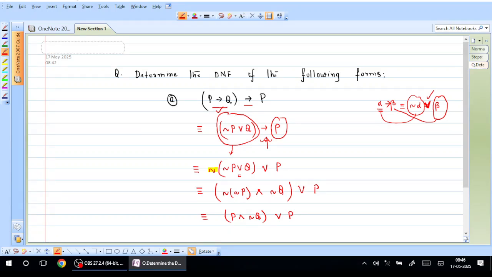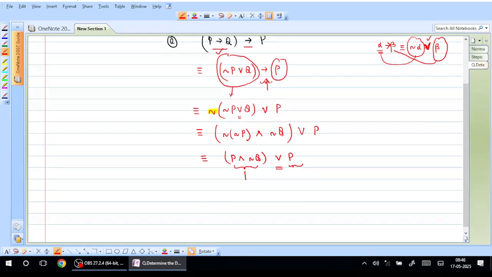So what you can see here, it should be the join of elementary products. The parts which are coming before and after the join symbol are elementary products, and we have the join, so it is in the required DNF form.